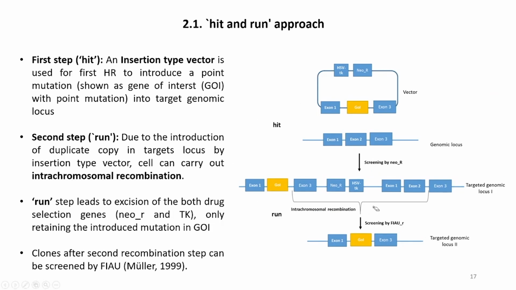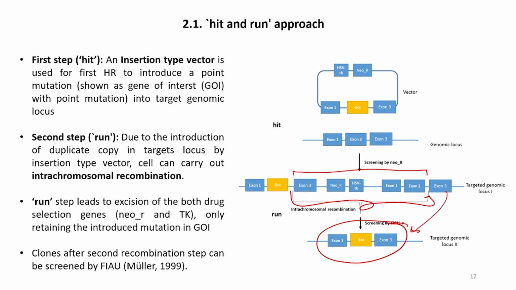Now, in the run step, the GOI is only retained because of this intrachromosomal recombination from this stretch to this stretch. These are removed, and this exon will become part of the targeted genomic locus 2. The clones after the second recombination step can be screened by FIAU.